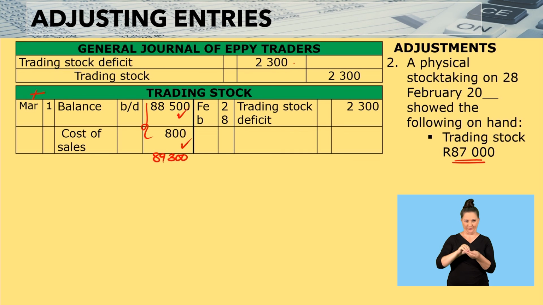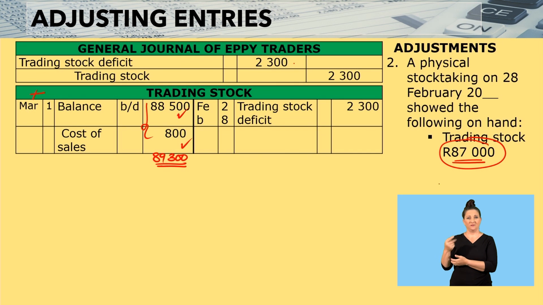But we are being told that after a physical stock take, we found that we had trading stock of 87,000 on hand. What does that mean? In our records, we have 89,300. But according to the physical stock taking, we have 87,000.